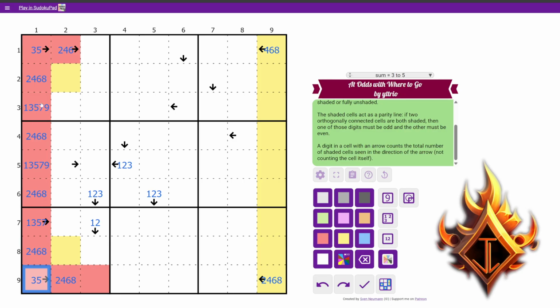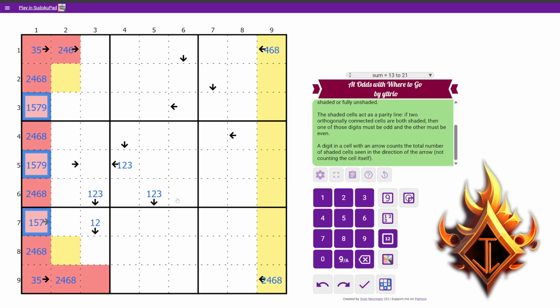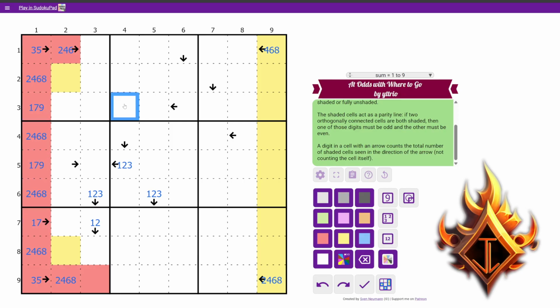Almost, I think. We do have a 3, 5 pair. So I take 3, 5 out of those. And this will be odd. Just gonna jot that in. This has to be at least 3. So it will get those 2. So that is odd.